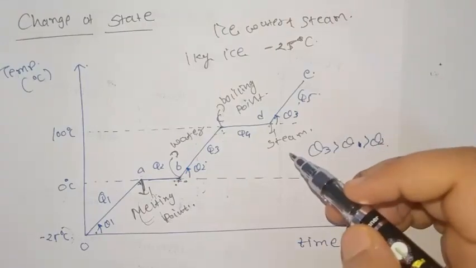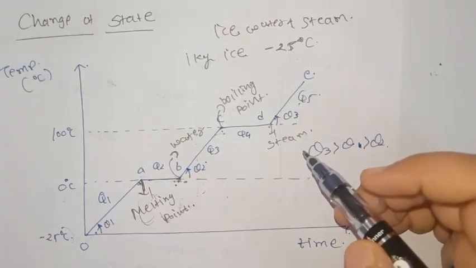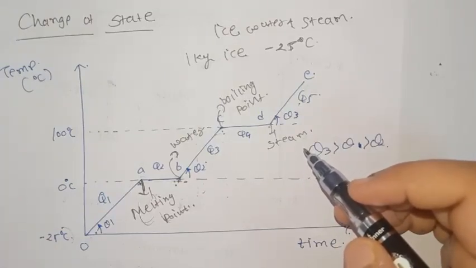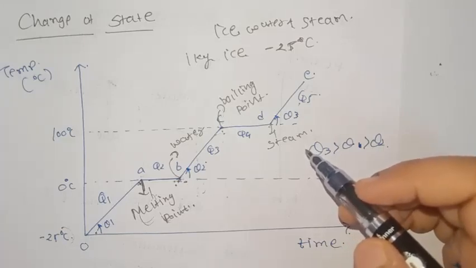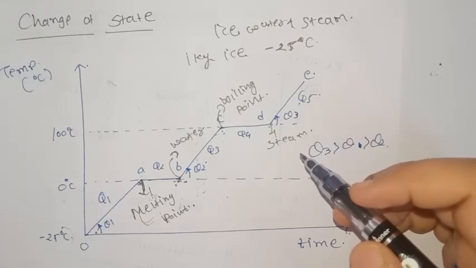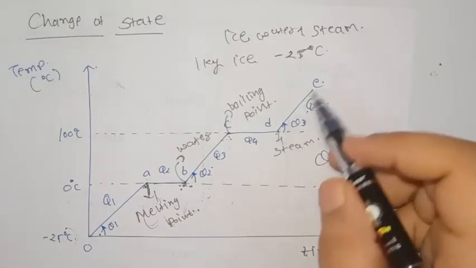Now, the heat supplied is again being used to break the loose molecules of water into free molecules in the gaseous steam phase. When all the water has become steam, the temperature increases again.